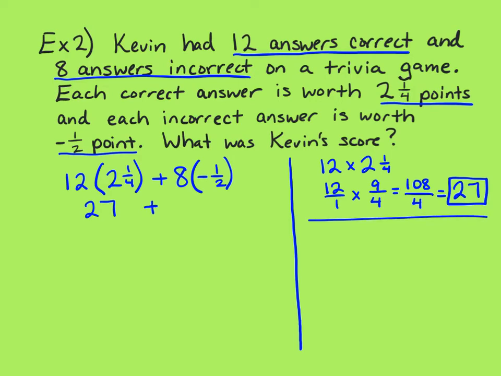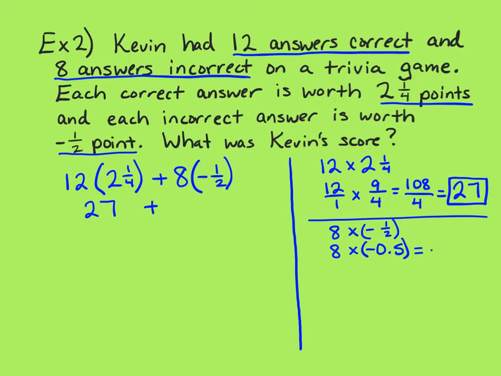Now I have 8 times -1/2. I could technically change -1/2 to a decimal, or I could work with it as a fraction. I think I'm going to change it to a decimal to make this easier, because in my head I can say, well, 8 times half, or half of 8, is 4.